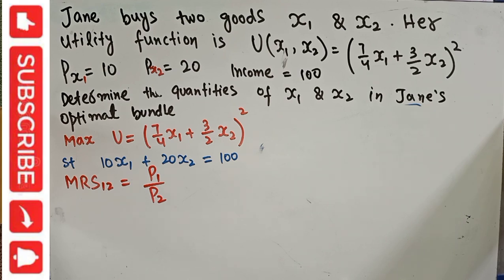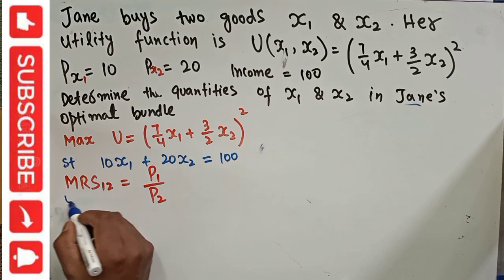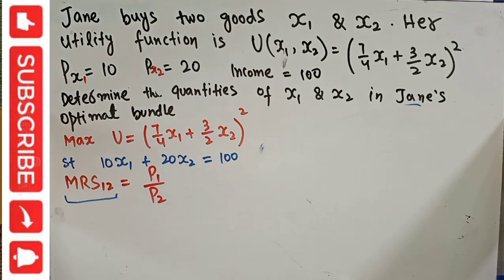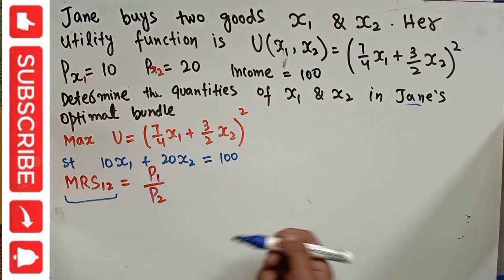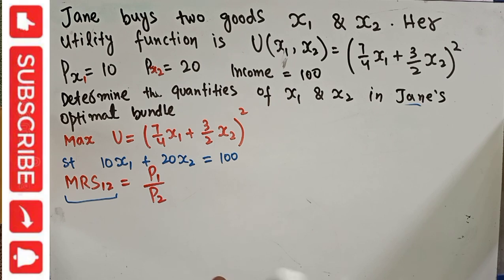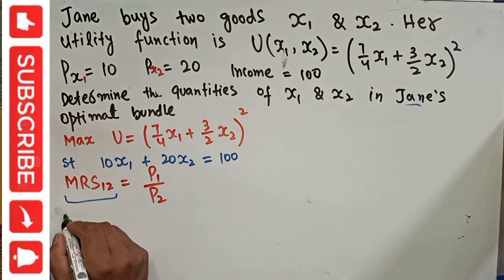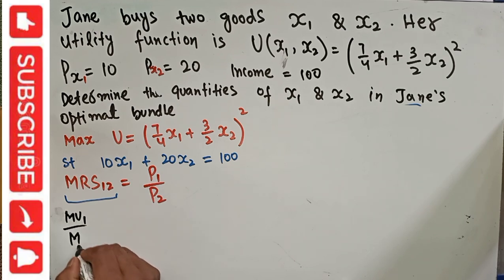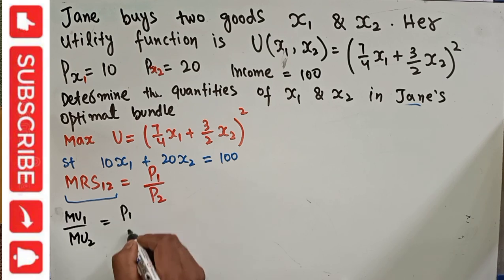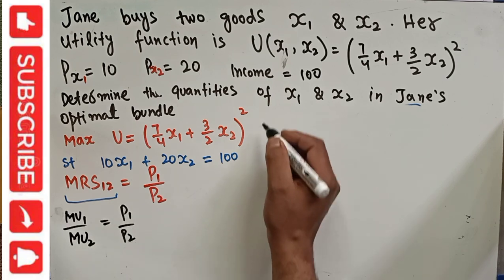Now MRS is simply the slope of the indifference curve, and this price ratio denotes the slope of the budget line. So MRS is simply equal to the marginal utility of good x1 upon the marginal utility of good x2, and it should be equal to the ratio of the prices, p1 upon p2.